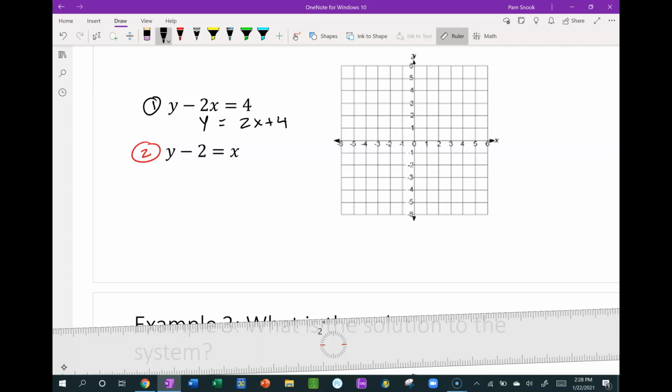Now look at the second one. y minus 2 equals x. Also not in slope-intercept form, so let's add 2 to both sides, and I get y equals x plus 2. So now that I've got them in a form that's easy for me to graph, I'm going to go ahead and graph these.